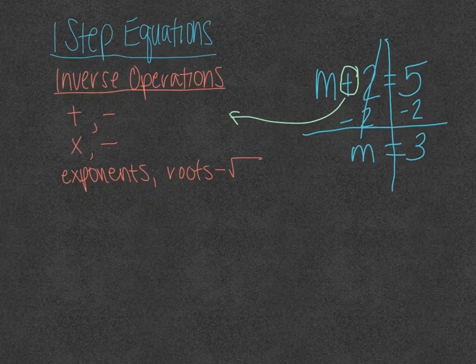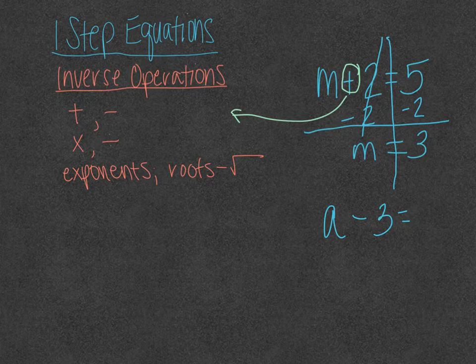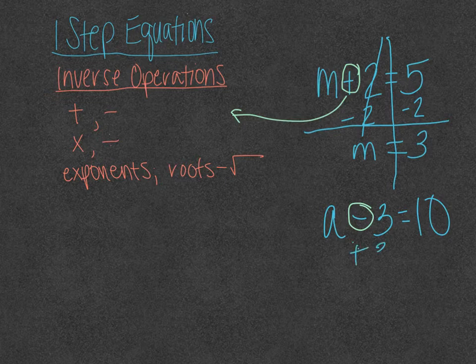Our next example is, let's do a minus 3 equals 10. The inverse of subtracting 3 would be to add 3. So we're going to add 3 to both sides of our equation.